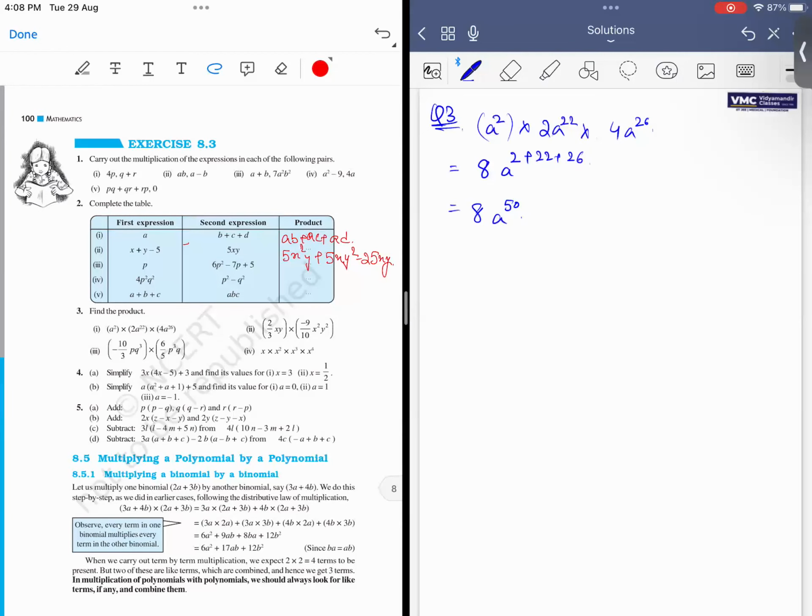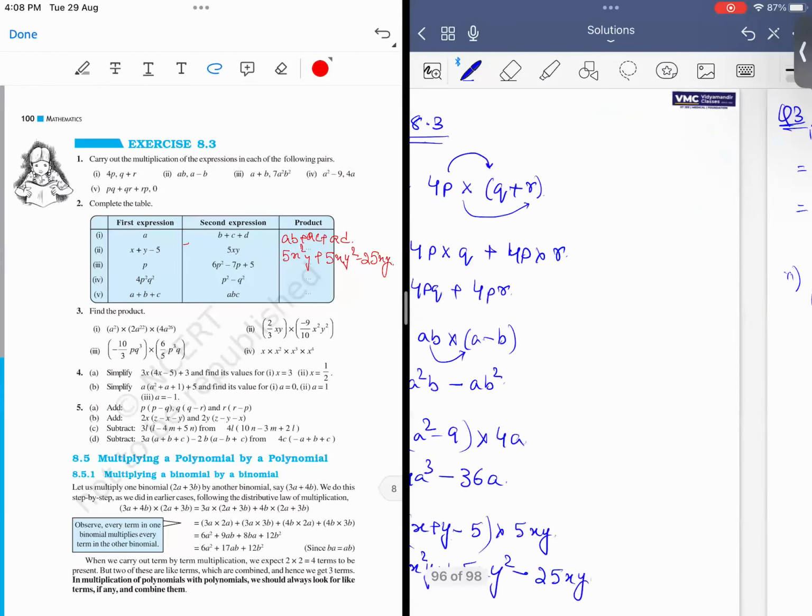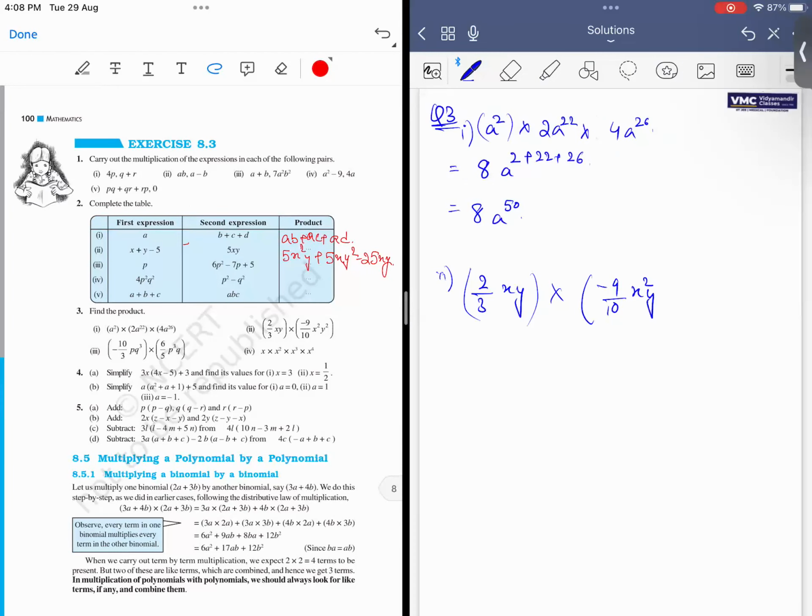Likewise, the second question, 2 by 3 xy multiplied by minus 9 by 10 x square y square. So again multiply the constant factors, 2 by 3 into minus 9 by 10.